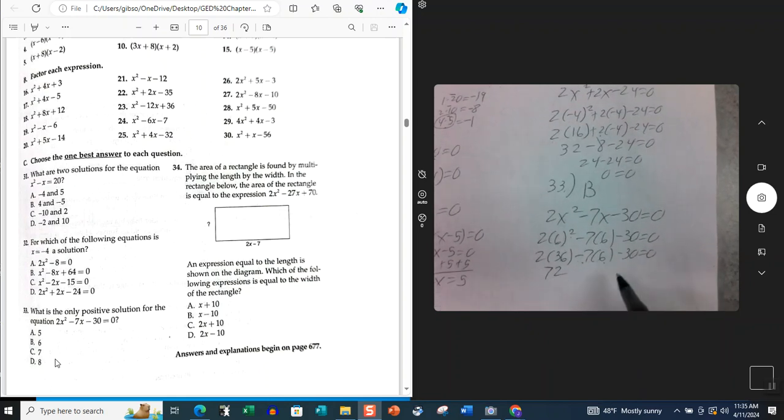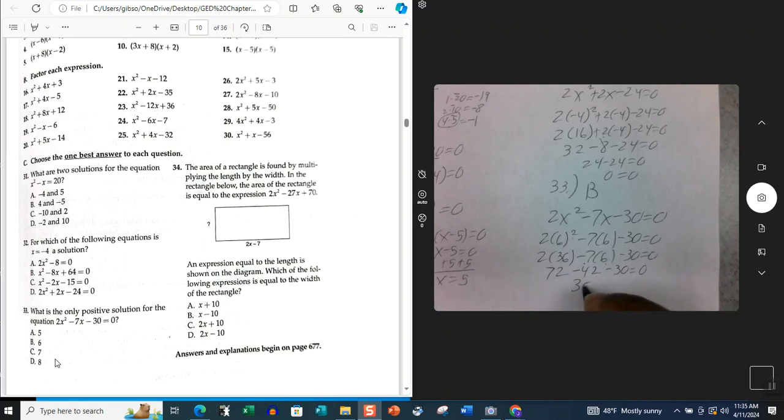Negative 7 times 6 will give us a minus 42, minus 30. 72 minus 42 is 30. Minus 30 is 0. 30 minus 30 is 0. So that is why 6 works, and that is your final answer.